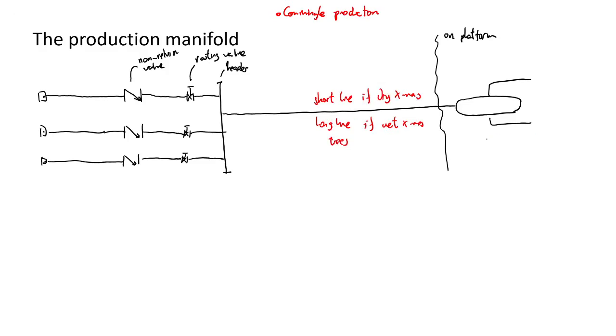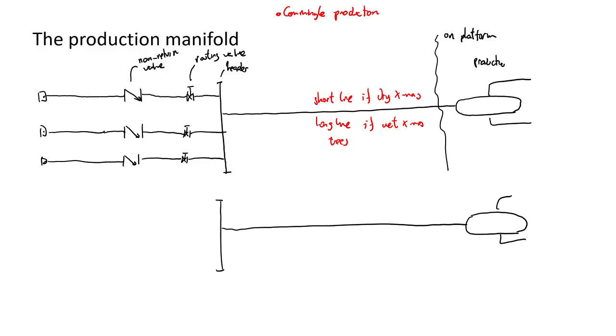So the way this is done, let's say we have another header, and this header goes to another. Typically on the platform you have production train A, and then you have production train B. Okay, or it could also be a test separator.